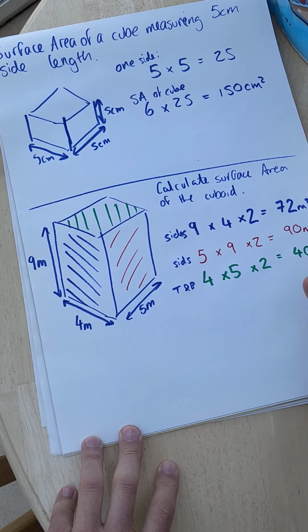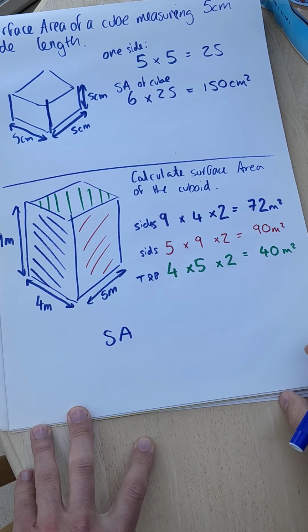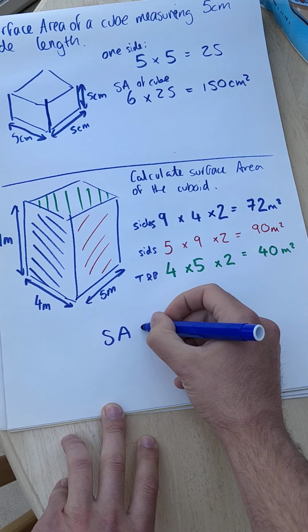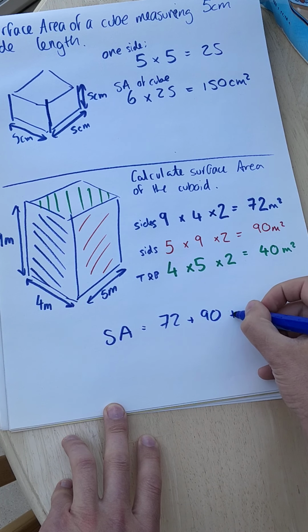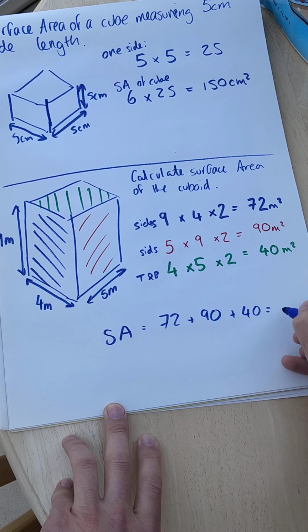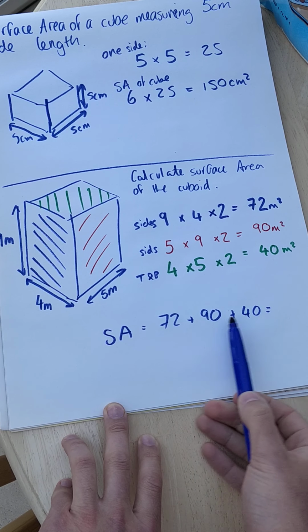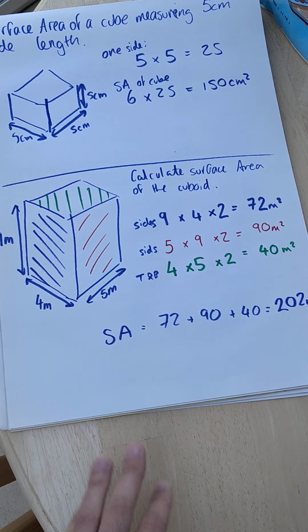So to get the surface area, or the SA as I like to call it, we add all of these together. So 72, add 90, add 40. 90 add 40 is 130. 130 add 70 is 200. Plus the 2, so we get 202 meters squared.